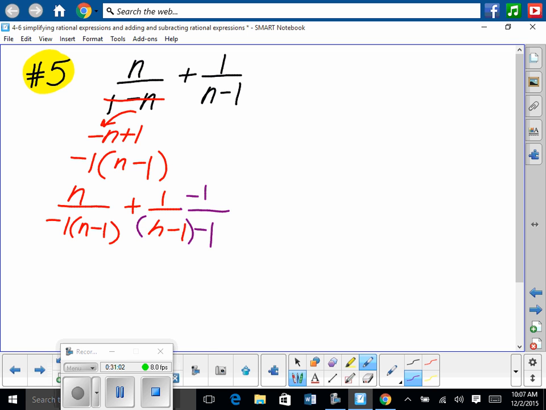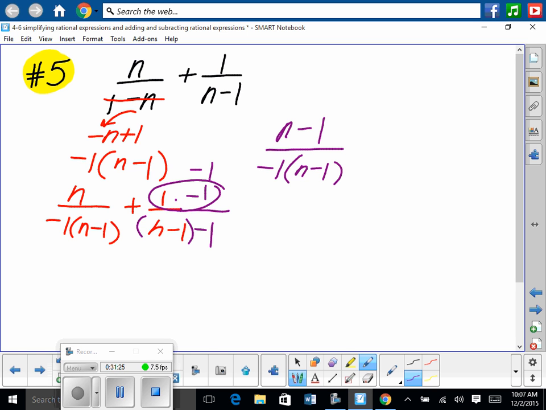Let's combine like terms. What's 1 times negative 1? So this piece is negative 1. Let's combine them. What's n plus negative 1? Just n minus 1, right? So we have n minus 1 on top, and on bottom we have negative 1 times n minus 1. Is everybody following me?